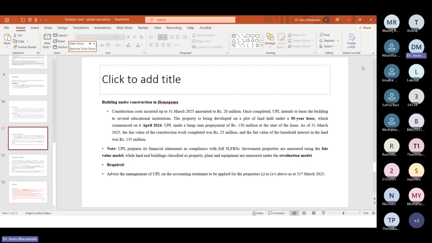As per section 34 of the standard SLFRS 16, if we apply the fair value model to investment property, the same can be applied to leasehold land. So accordingly we record it at 135 and charge 5 million to P&L.